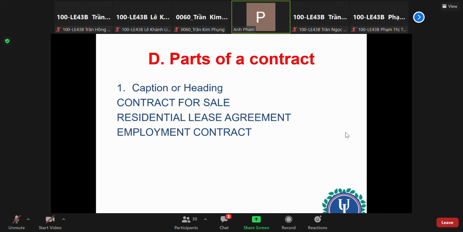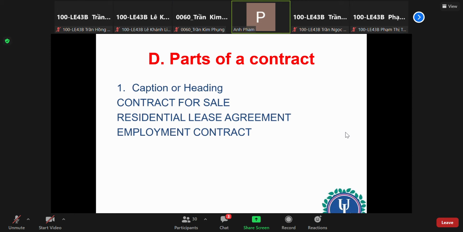If you choose to use contract, like contract for sale, then in the whole contract you must use the word contract instead of agreement. Similarly, like the residential lease agreement, if you use the word agreement, you must use it consistently throughout the contract instead of contract, right?